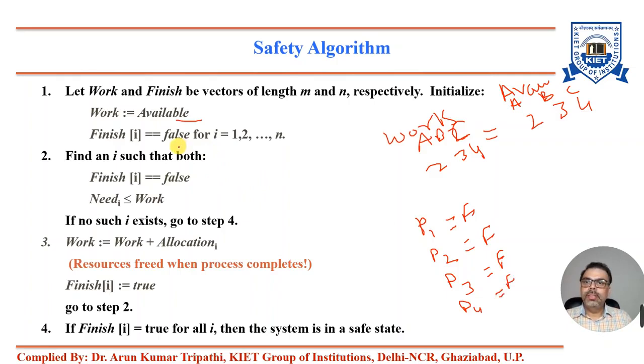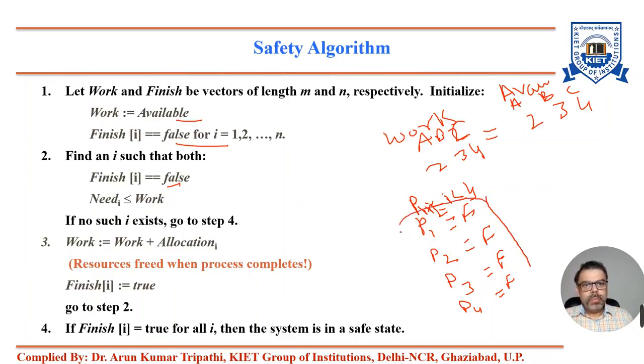So I have initialized with false for all processes Pi, where i has the value 1 to 4, that is, i is less than or equal to 4. I will search: is there any process whose status is false?